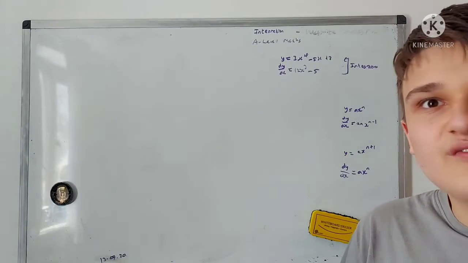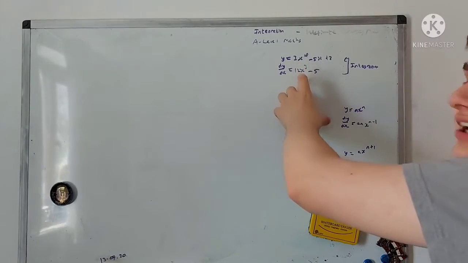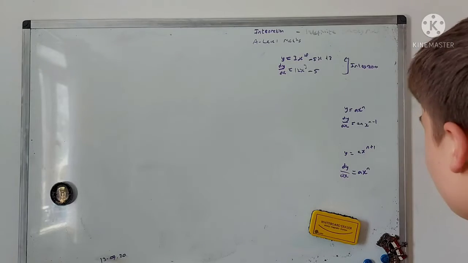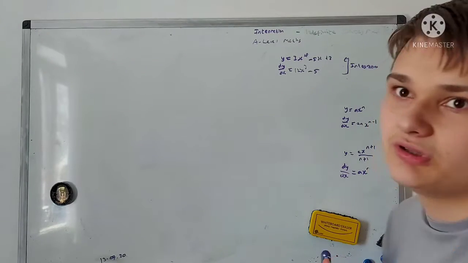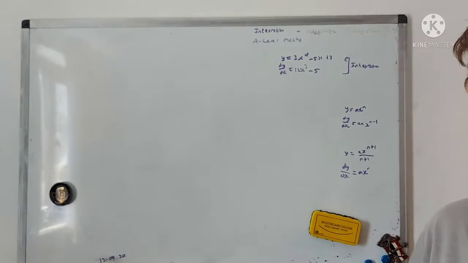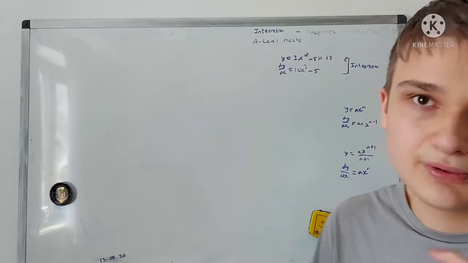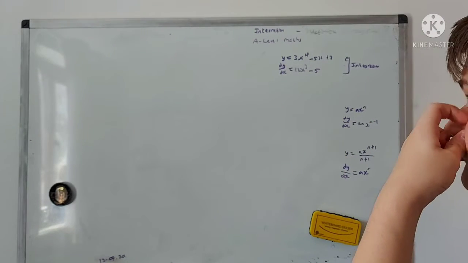How do we get back from the 12 to the 3? Well, I'd have to divide by this new power in order to get back to the 3 that I want. So I'd have ax to the n plus 1 divided by n plus 1. So I add 1 to the power and divide by that new power that I gain. That is the process of integration, getting back to what you'd have.